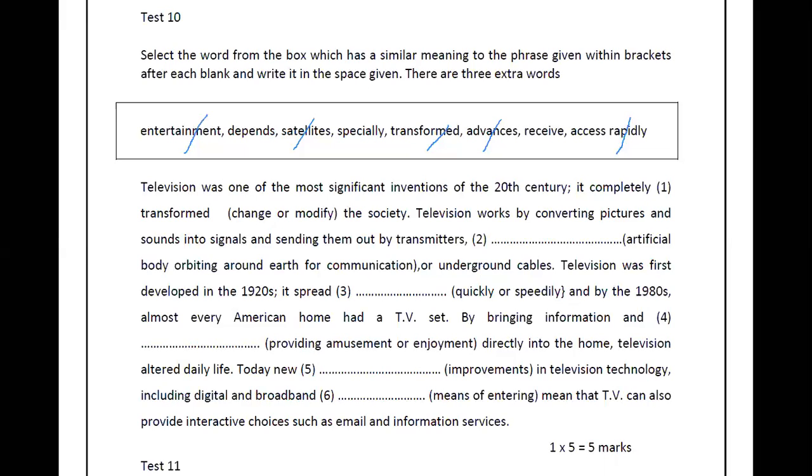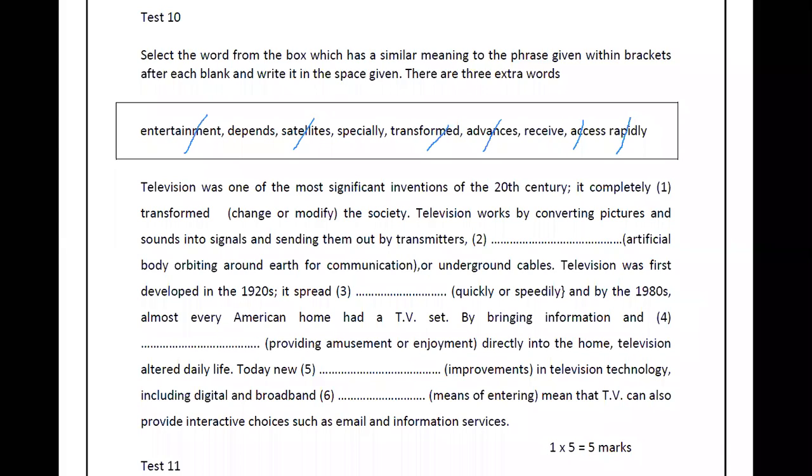So here today, new advances in television technology, including digital and broadband access, mean that TV can also provide interactive choices such as email and information service. Broadband access, the access for broadband.